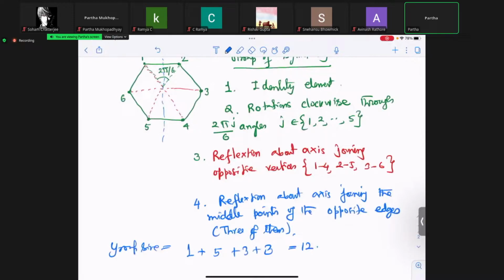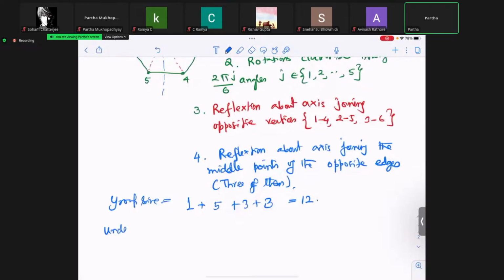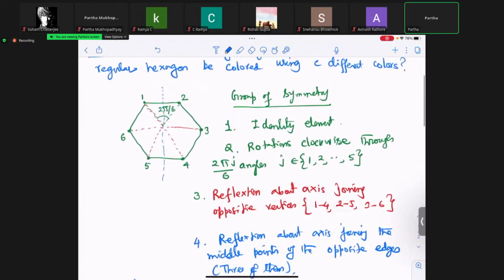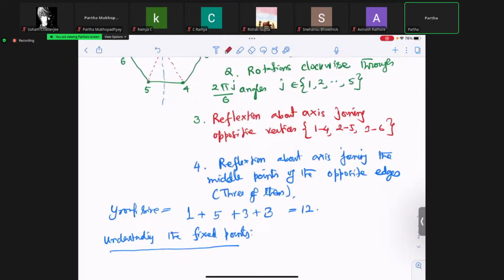So let's try to understand the fixed points. Since you are doing permutation groups, you know that each permutation can be decomposed into disjoint cycles.